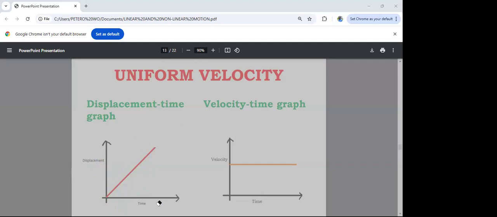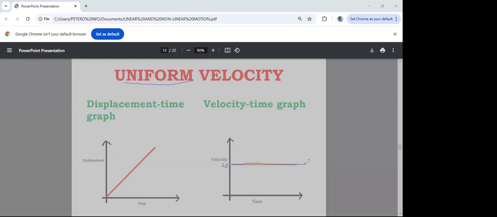Whereas when we are looking at a velocity time graph, for it things change. We have a straight line. Because we are calling this a uniform velocity, and in our definition we said that it's a constant rate. If this velocity is 20, it means that velocity is going to be the same for a defined time, for whatever time it is.